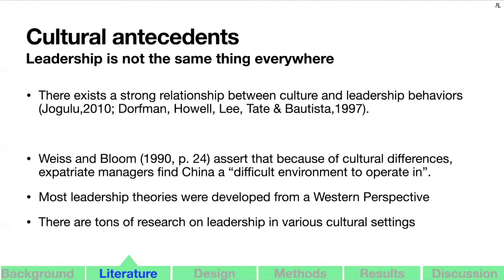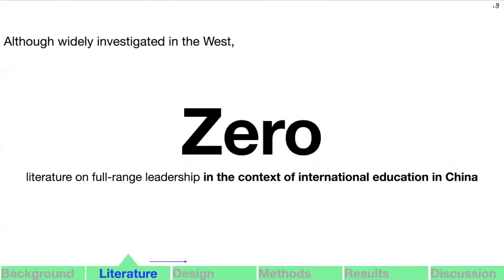And that is why I decided to investigate this in the culture of China, and in this education industry where there is no literature on the full range leadership model, and where there is a mix of different cultures within the education industry. So I tried to find out how leadership can work in this kind of industry.